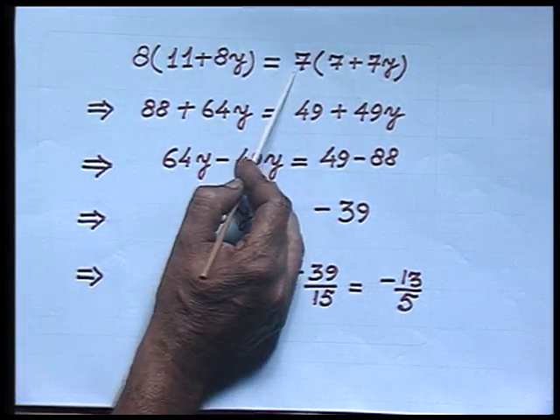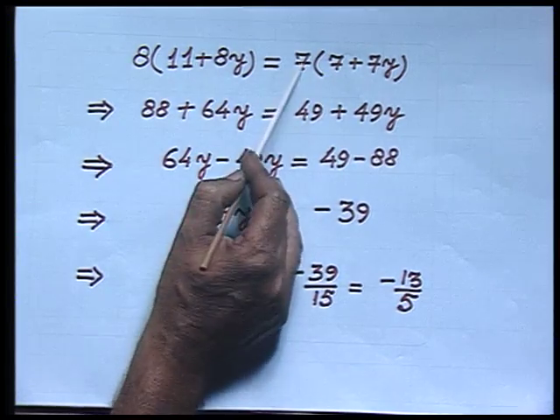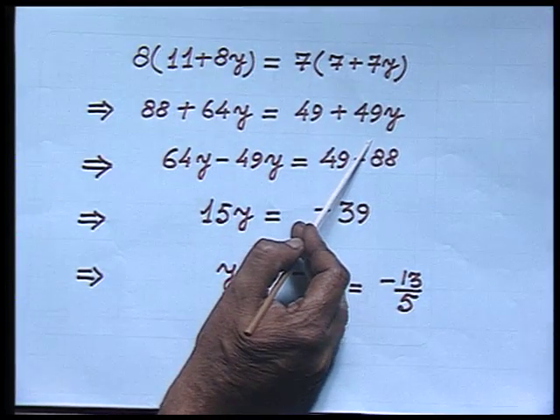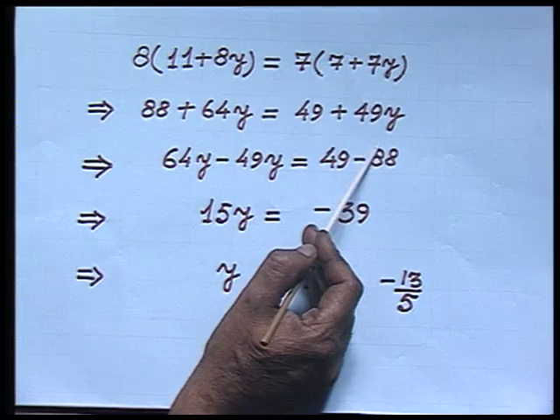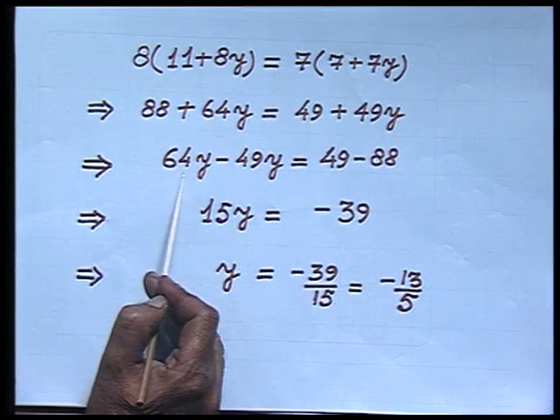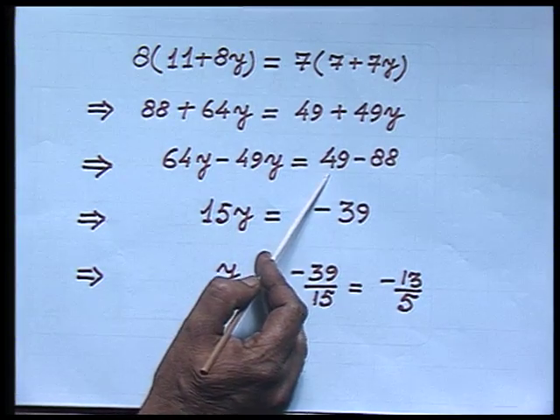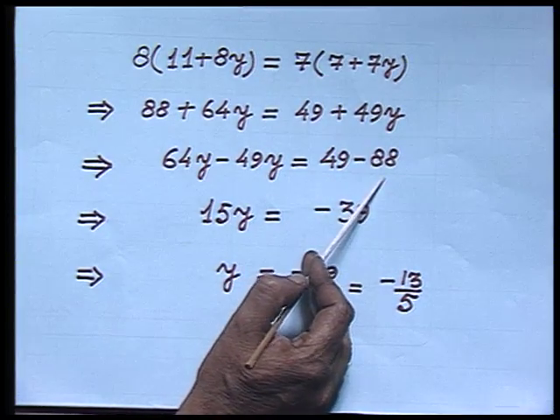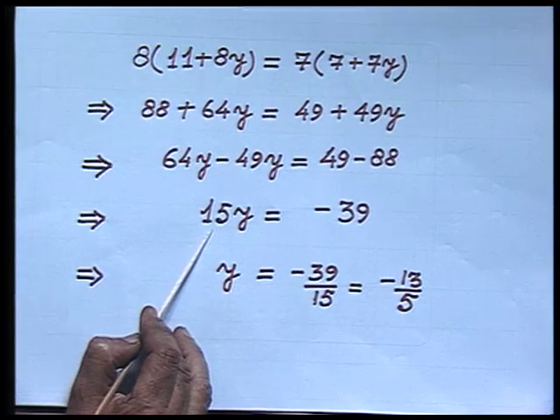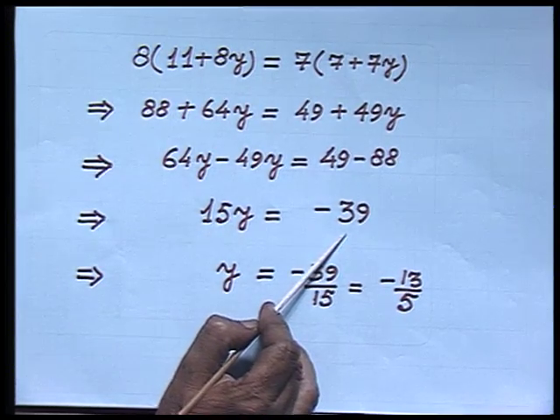That equals 7 times 7, 49, and 7 times 7y, 49y. Now transferring the variable to one side, I get 64y minus 49y equals 49 minus 88, and from there I get 15y equals minus 39.